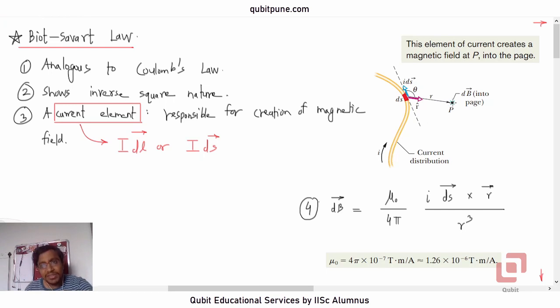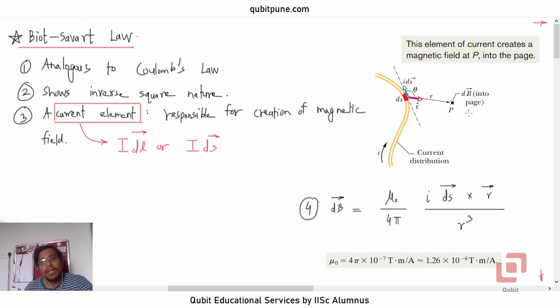Now, because the distances of a particular point from every current element are different, we must follow integration. As a representative of the current elements, we are showing this red colored current element of length ds. The current element will be I dl bar or I ds bar, in this case a blue arrow.